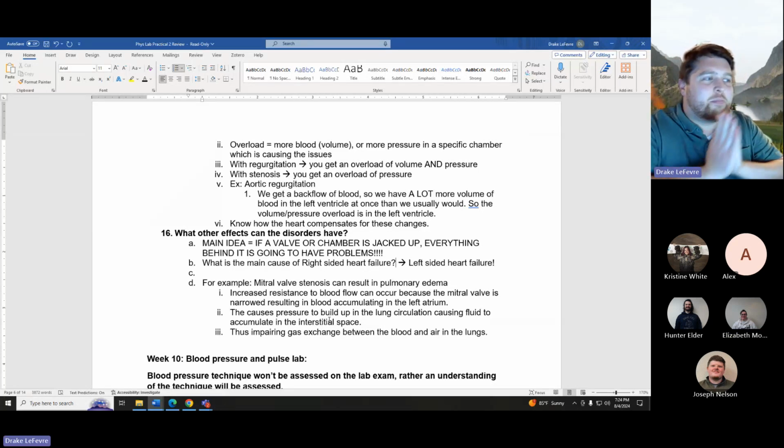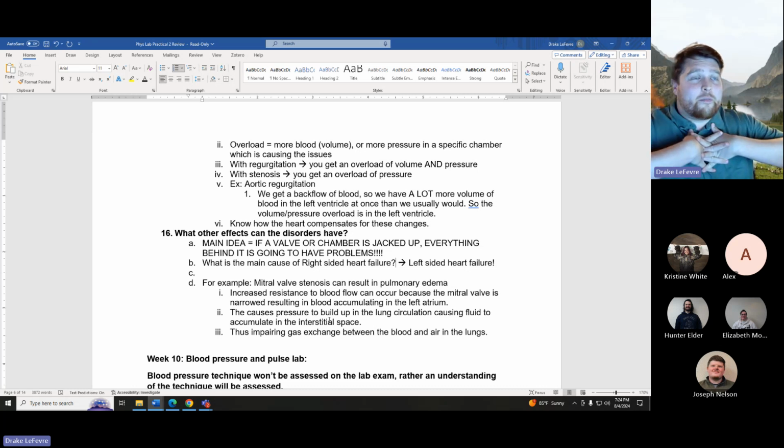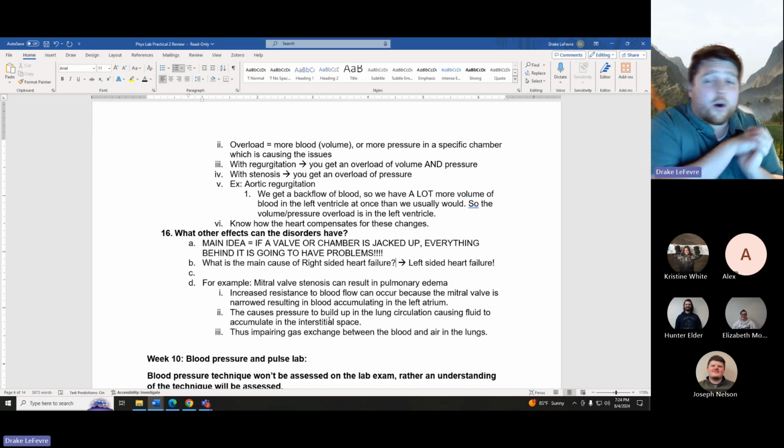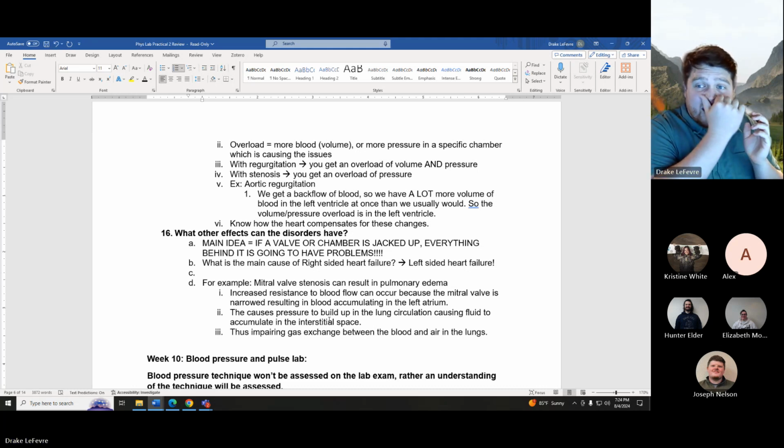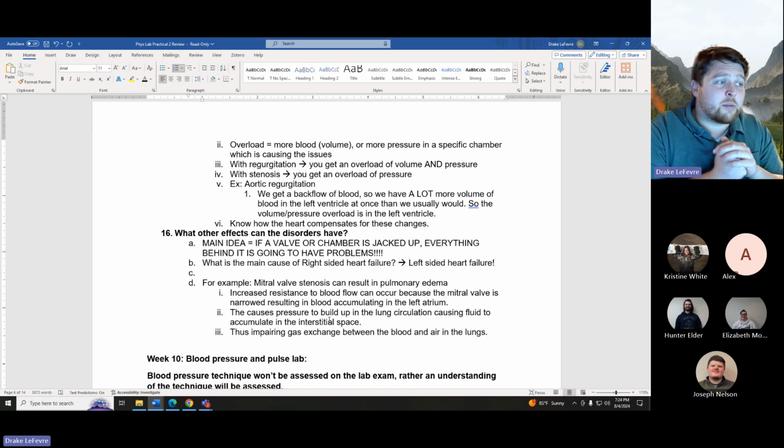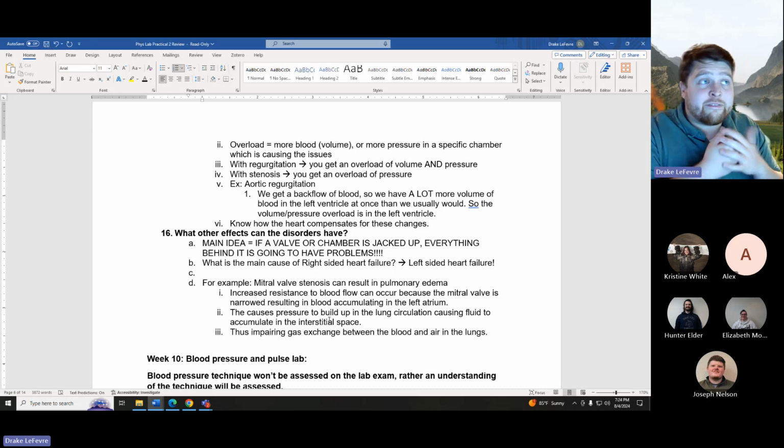Basically, just look behind. So, like if the aortic valve is jacked up, something is going to be happening in the left ventricle. If something is jacked up with the left ventricle, eventually it'll bleed backwards. Because let's say we have aortic stenosis.